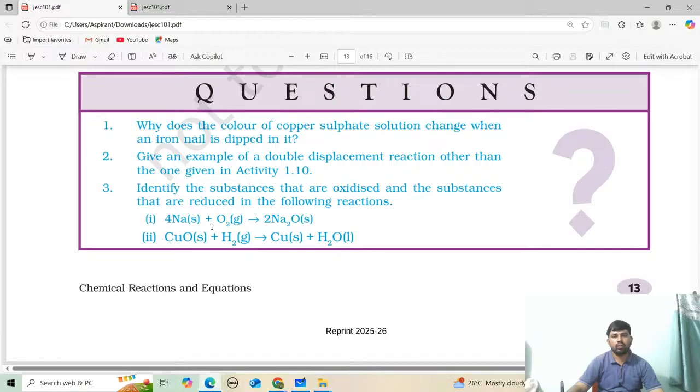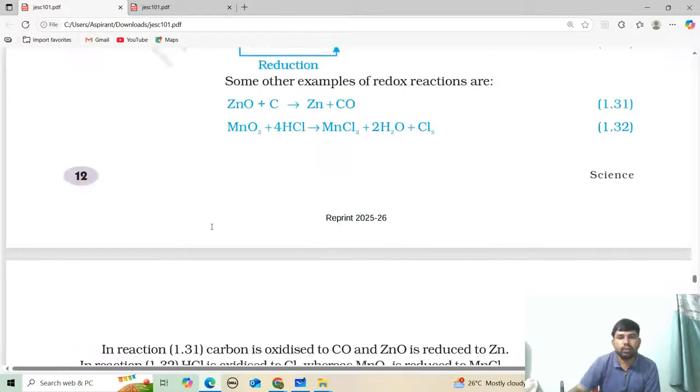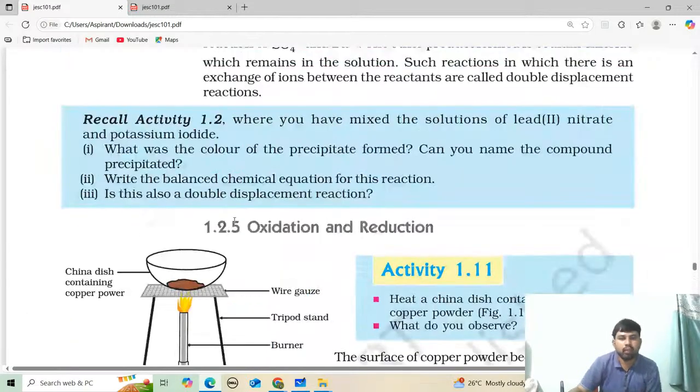See here, we already discussed the remaining blue questions. So these are the equations they have given here. Let me write this equation.